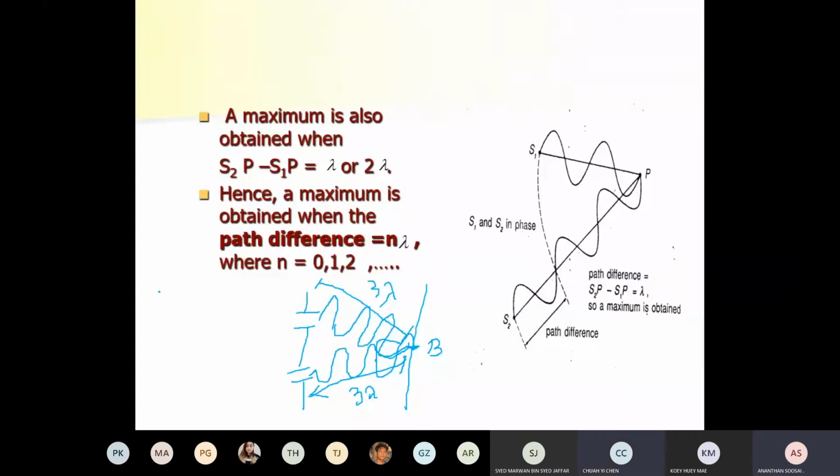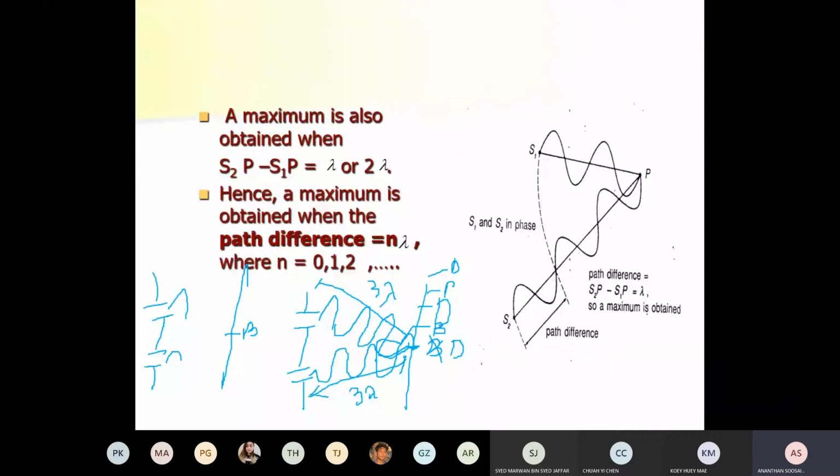So the center, which is normally bright because both start with a crest, always forms bright. But in this case, if one starts with a crest and one with a trough, at the center, instead of bright, it's going to be dark. Wherever bright happens, it's going to be dark, and wherever dark happens, it's going to become bright.